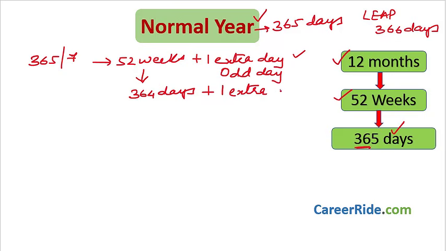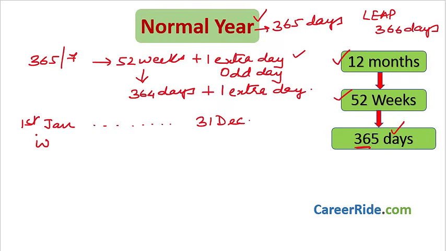Okay. So now, why am I sharing this information with you? I'm sharing this information with you because here itself a direct question gets formed in the exams. And the question that gets formed is, if a year begins on, say, the 1st of January, which falls on Wednesday, right? What will be the day on 31st of December of the same year?